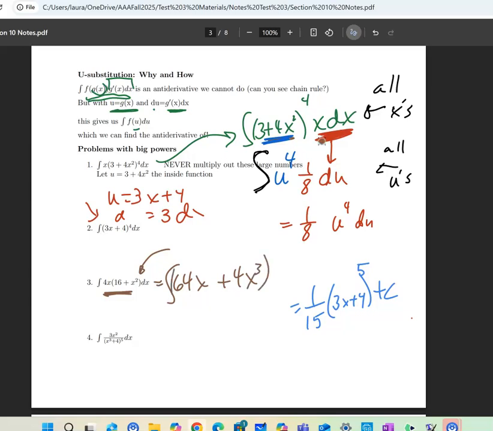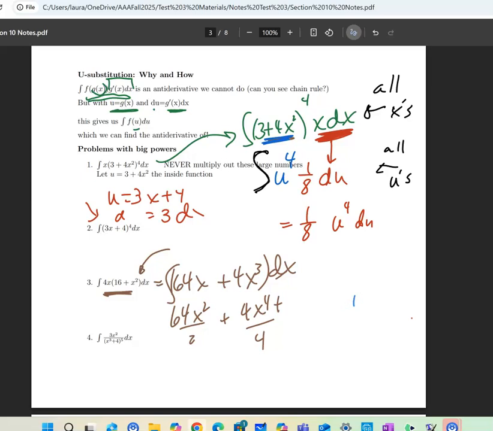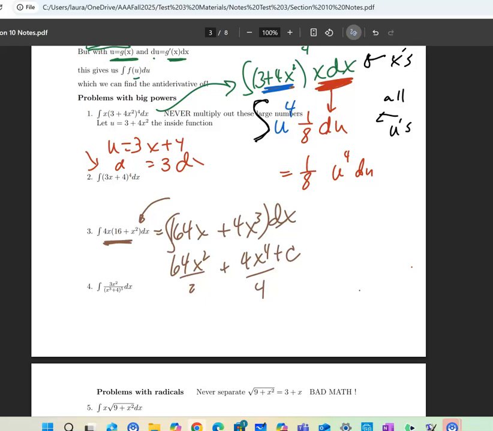Well, I can take the antiderivative of that without a u substitution. I get 64x squared over 2 plus 4x to the fourth over 4 plus c, right? So don't always go for the u because it's not necessary. And sometimes it won't work at all, and we'll talk about that. So that would be a fine answer.